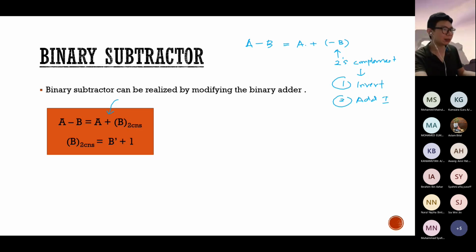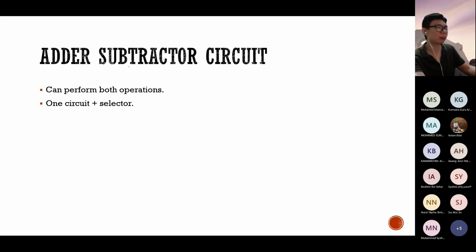Right. So now let's take a look at how we can modify this circuit into a binary adder/subtractor. This is what I'm trying to do over here. We want a circuit that can perform both functions, an adder circuit and a subtractor circuit.